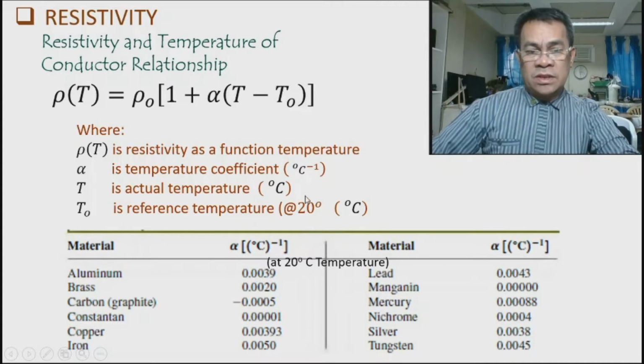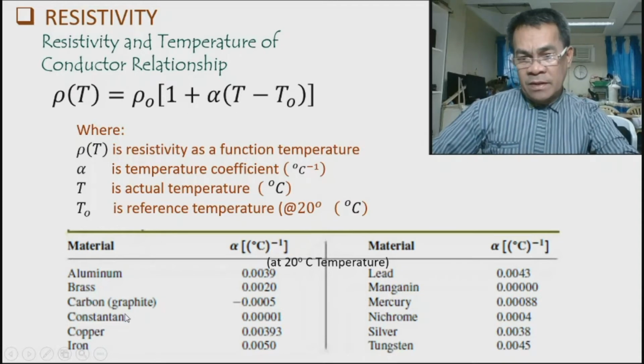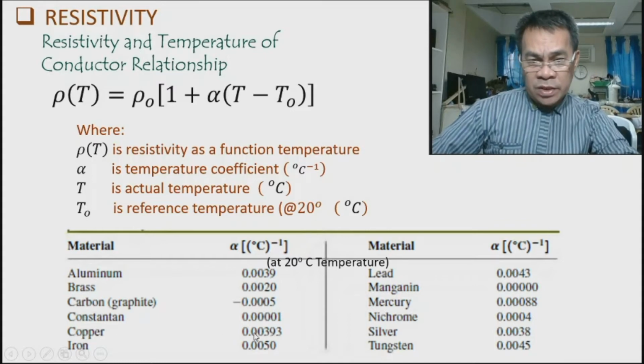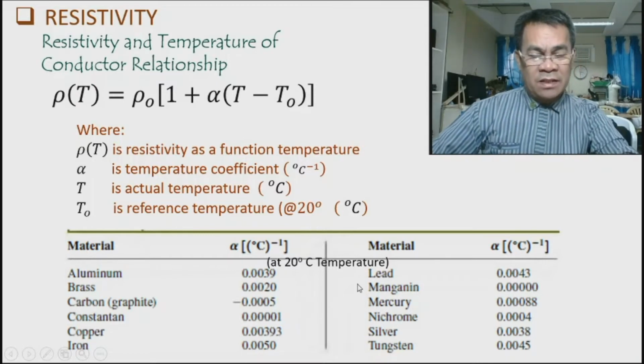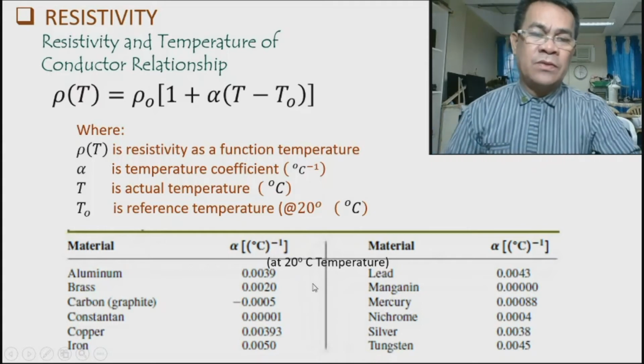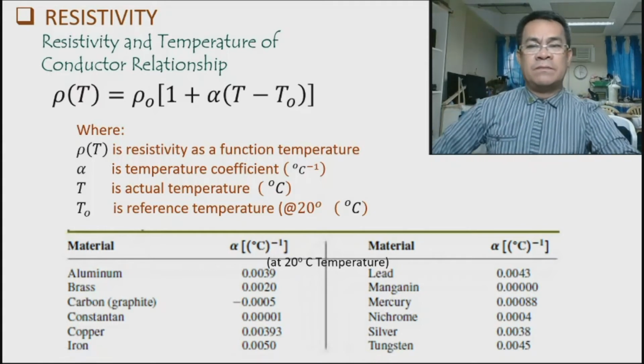So this is 20 and this is the target temperature, and alpha is taken from a table. For example, if you use copper, then use 0.00393. If it's silver, then 0.0038. So I think you have to memorize this if you want to solve the problem.